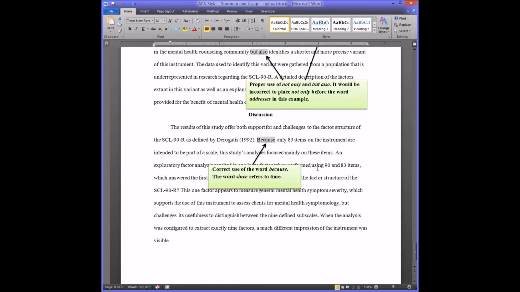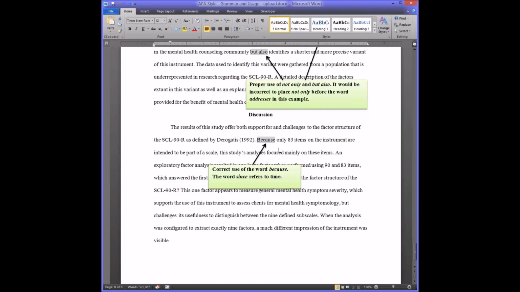So, like in the case of while, in the vernacular, we tend to use the word since when we really mean the word because. So this sentence could read, since only 83 items on the instruments are intended to be part of the scale. But since refers to time, and the word because does not. So the proper usage here is because only 83 items on the instrument are intended to be part of the scale.